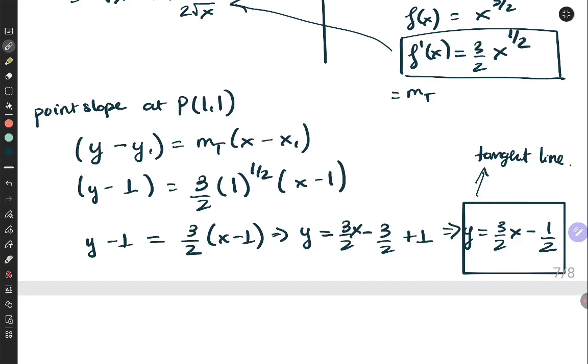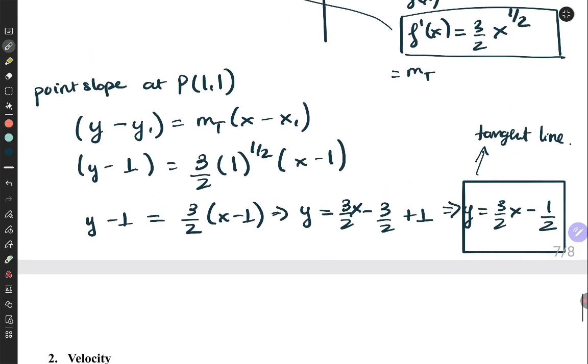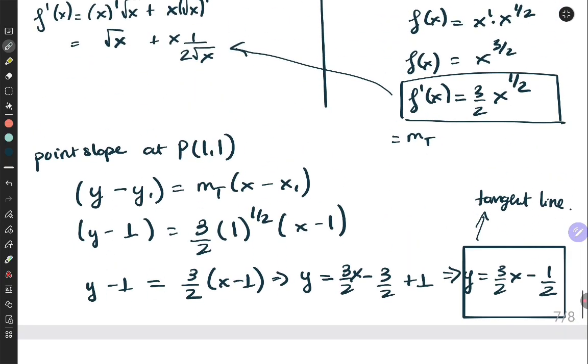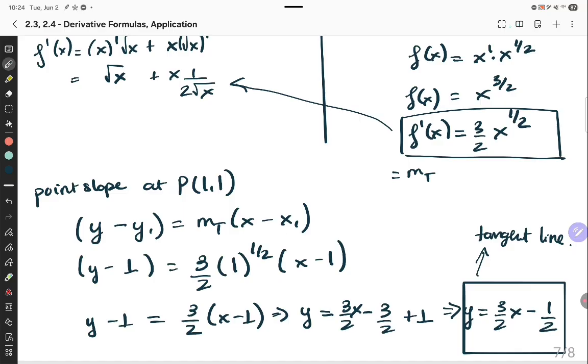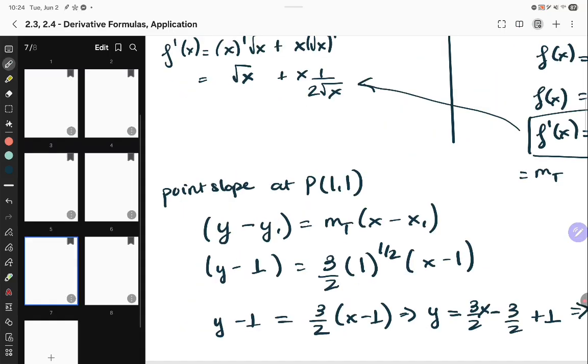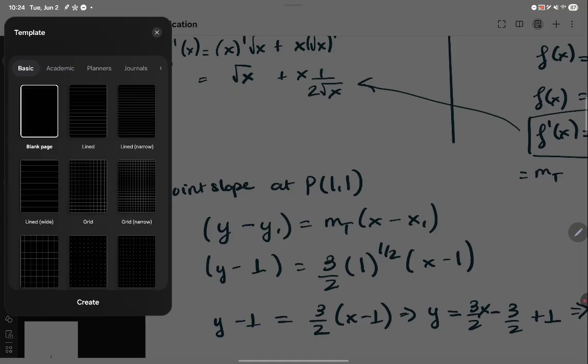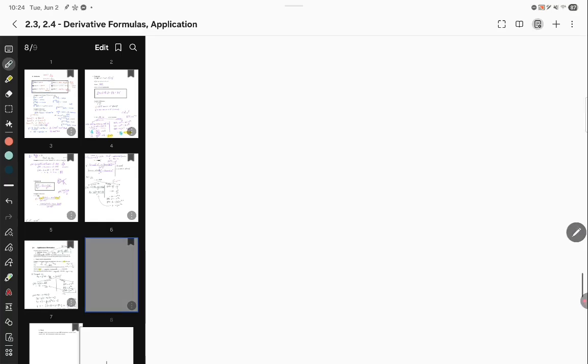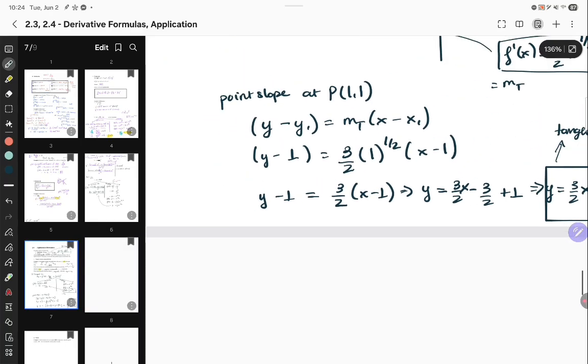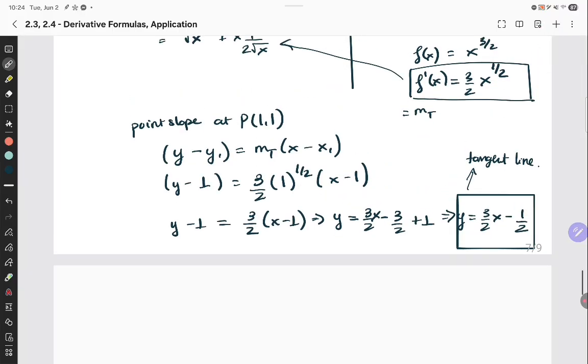Somehow I'm running out of space, so I'm gonna add another page right here. So tangent line done.